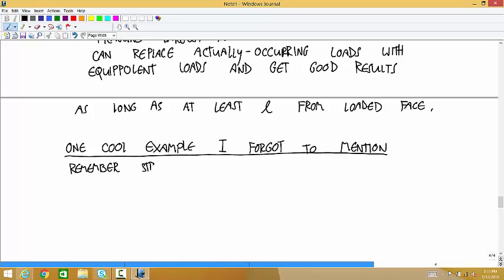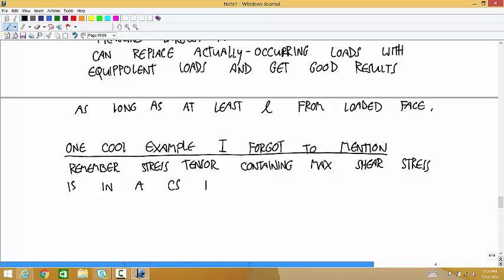The stress tensor containing the maximum shear stress is in a coordinate system rotated 45 degrees from the principal coordinate system, right?